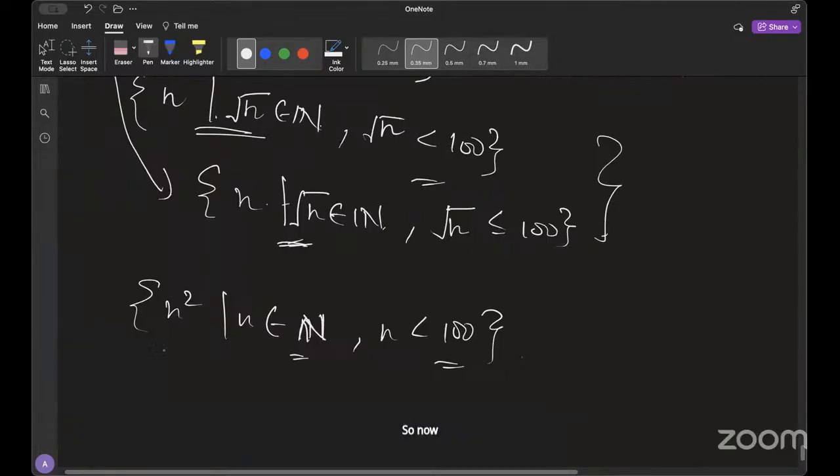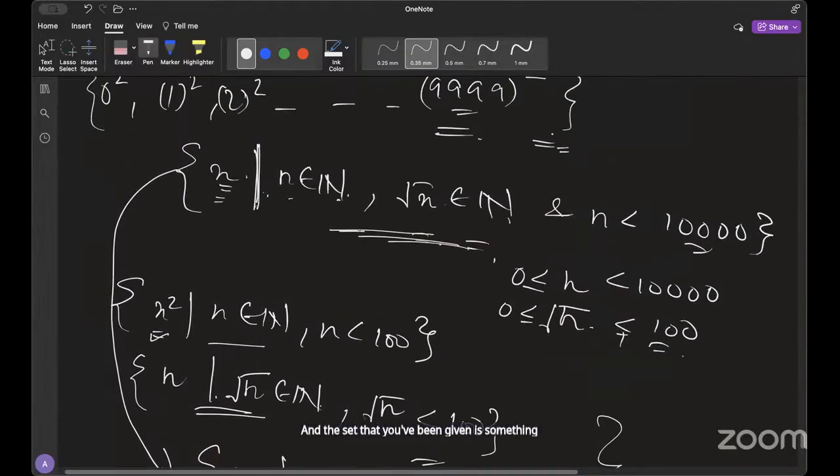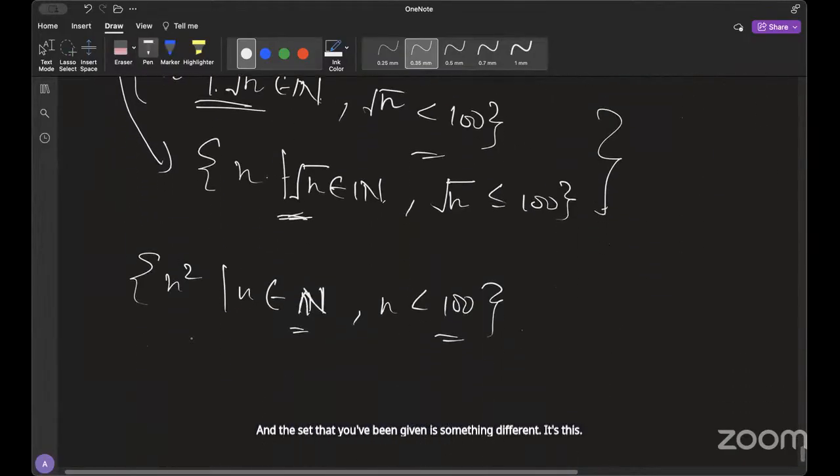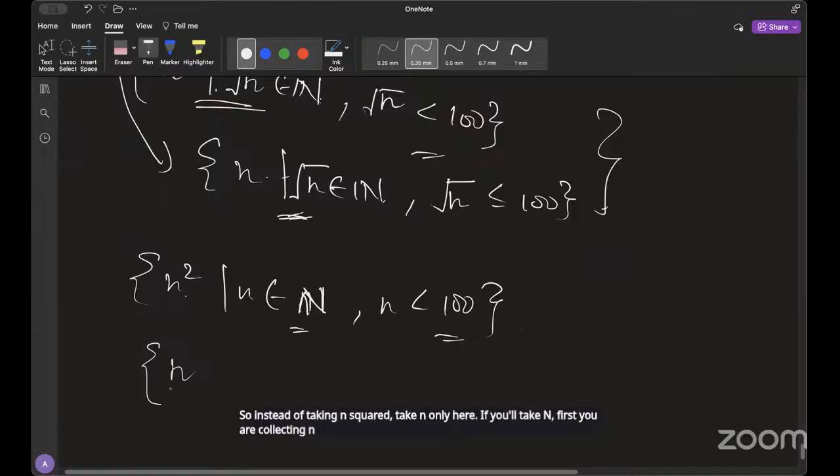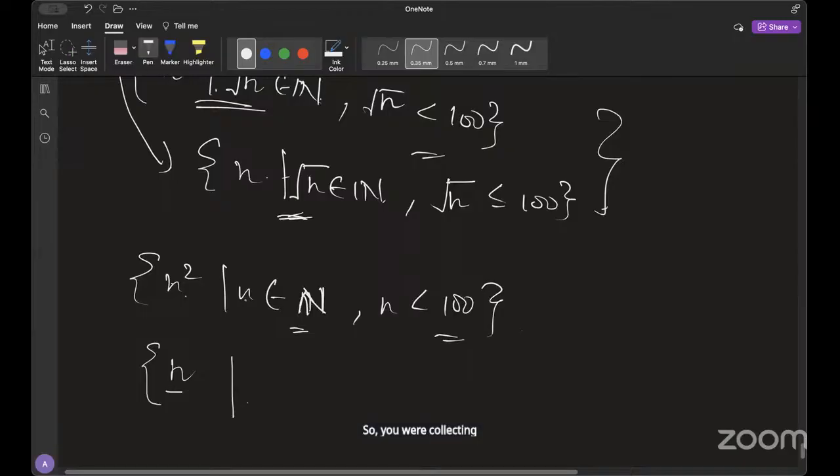So now the set that you've been given is something different. It's this. Instead of taking n square, take n only here. First you were collecting n squares, now you're collecting n's. You were collecting n square such that n is in natural numbers. Now what you want is n, and this is just a notation thing. You can use capital N also. That works too.